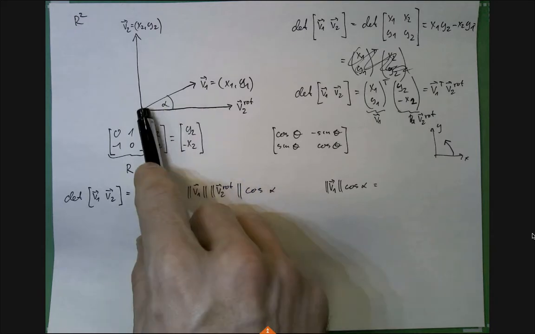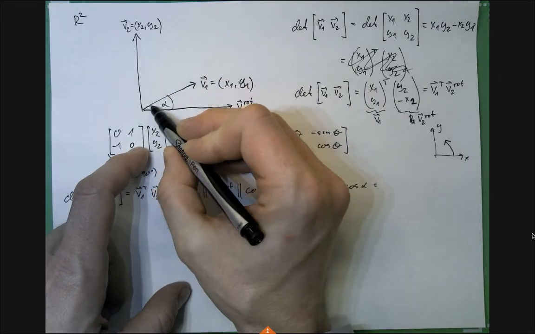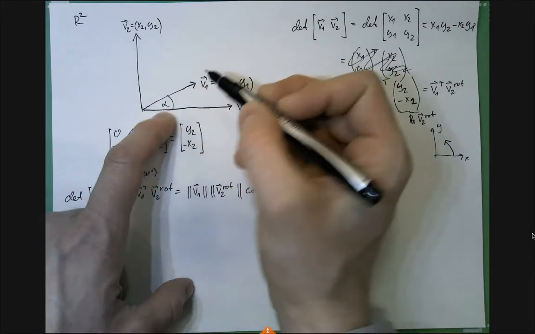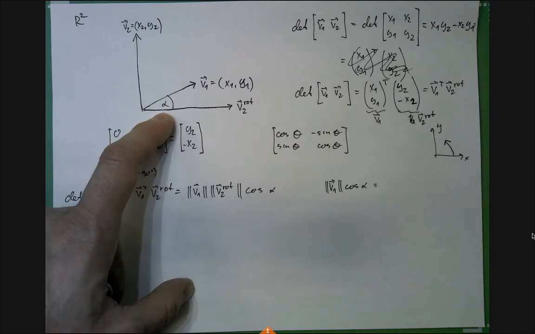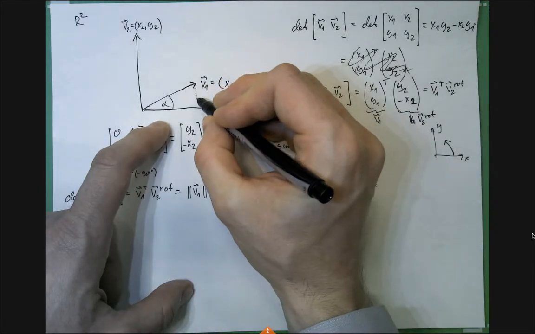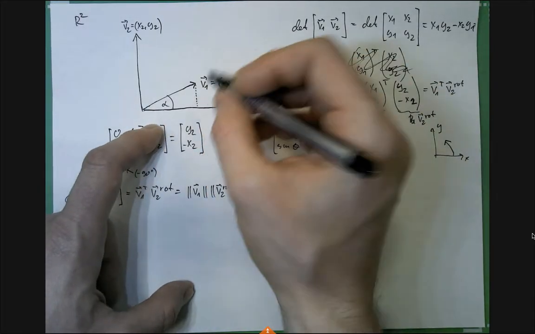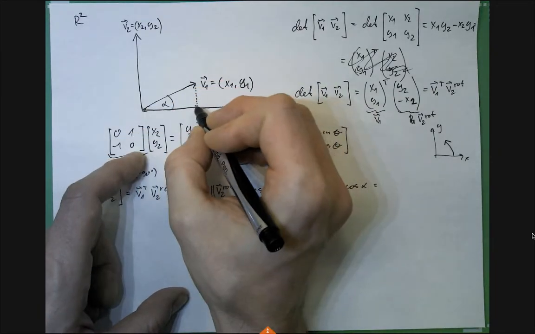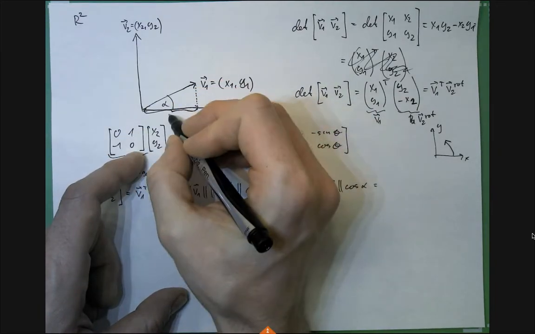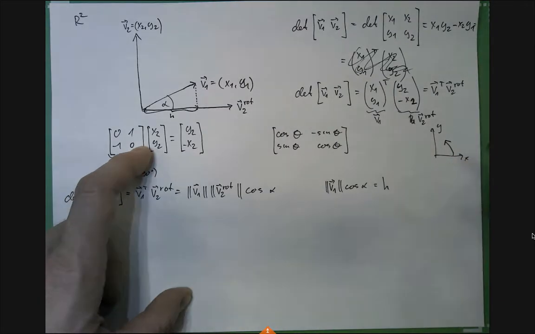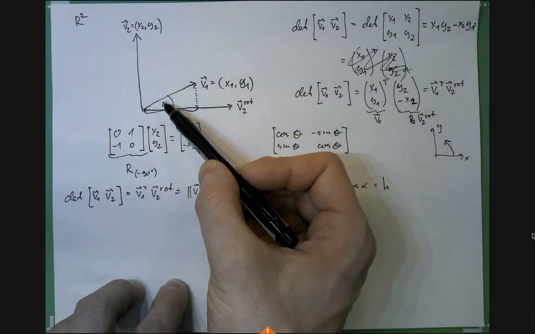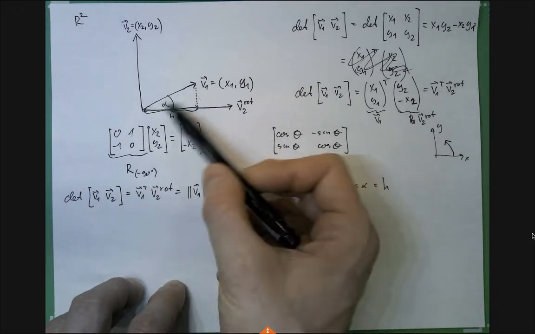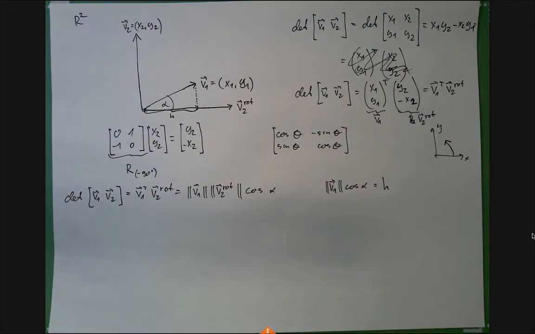So the length of V1, well, that's this length, right? Times the cosine of alpha. What is that going to give me? Exactly, the perpendicular projection onto V2 rot, right? So let me note this length as h, and that's the projection of V1 onto V2 rot, which is the norm of V1 times cosine alpha.